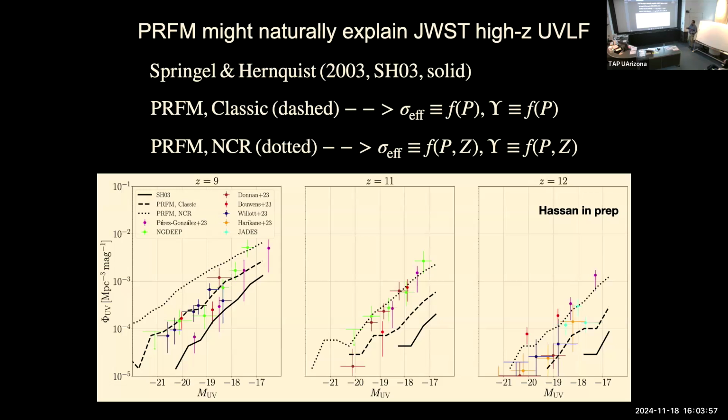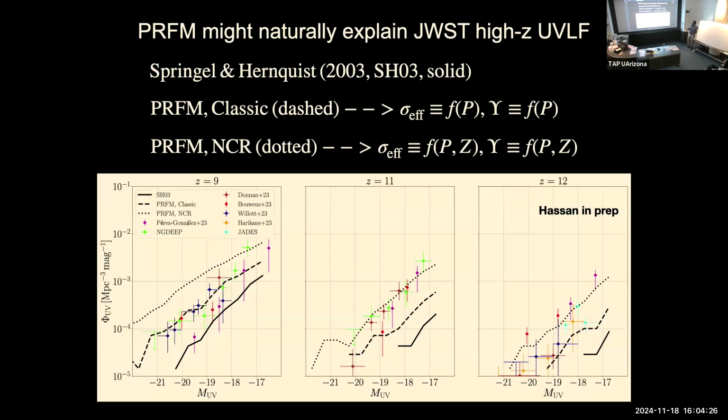We have a new model now for PRFM simulations where they account for non-cooling radiation, like non-homogeneous and homogeneous radiation. And then you can run the model for different metallicities. So we have a different fit for the sigma effective and the epsilon as a function of pressure and metallicity, and they give us different relations.